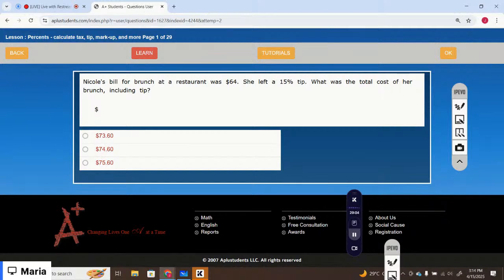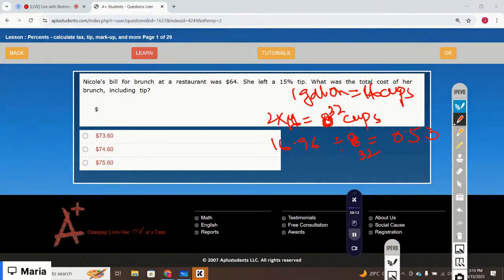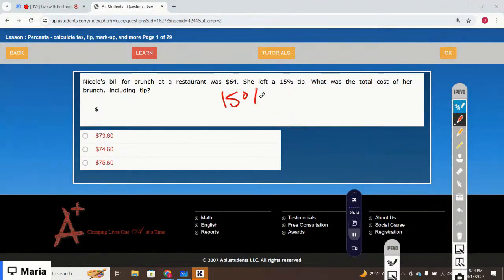So let's just calculate the 15% tip on $64, right? So I'm going to calculate 15% of 64. That is 64 times 15 divided by 100.